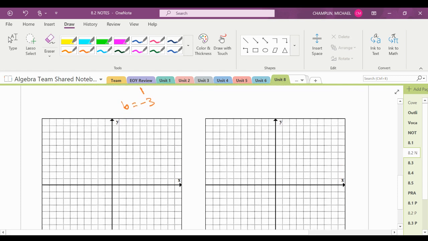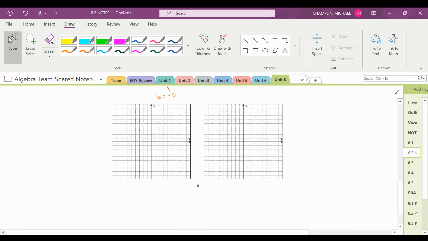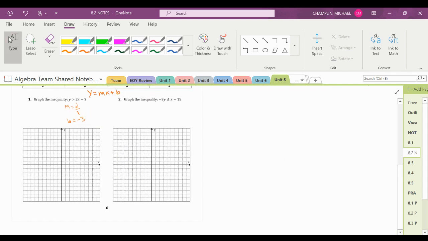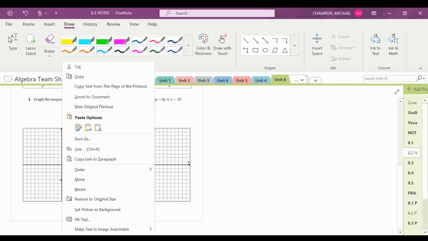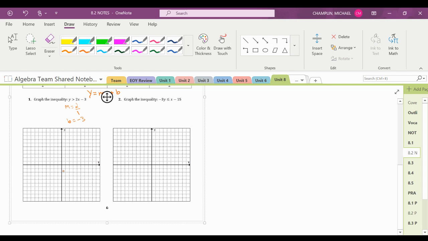So just remembering, m is rise over run. All right, so I'm going to go up 2, right 1. However, I'm going to start at negative 3. So I'm going to start here at negative 3, right? Sorry. Let's use negative 3. I'm going to go up 2, right 1, up 2, right 1.